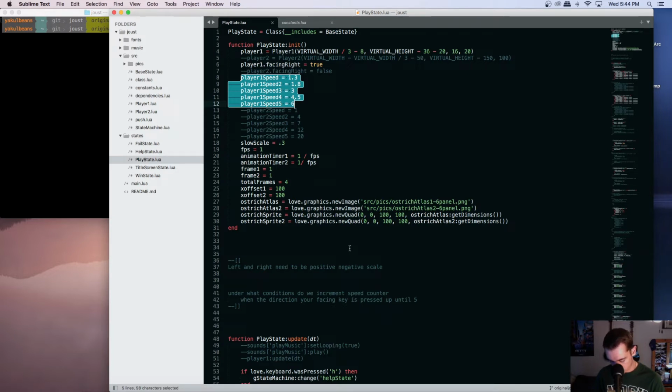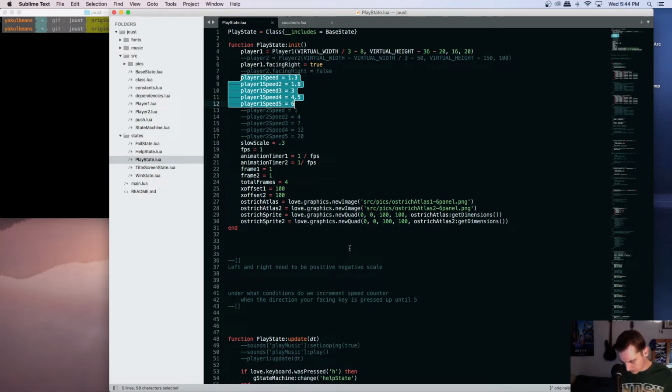Then there's 1.17 for speed 3, 1.755 for speed 4, and 2.34 for speed 5.